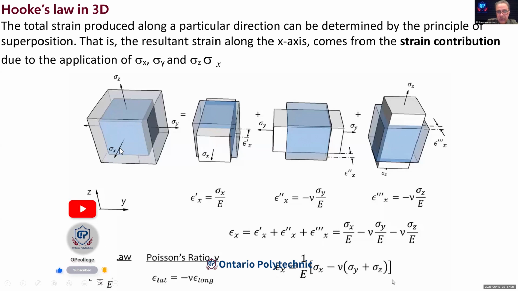Assume that we have a sigma X applying on this cubic body, and we divide the stresses in three steps. First step: because of this sigma X, we have strain in X direction. We call it epsilon prime, and it is sigma X divided by the modulus of elasticity of this material. So sigma in X direction, no sigma in Y direction, no sigma in Z direction, only sigma in X direction.